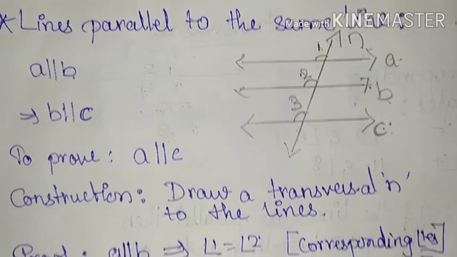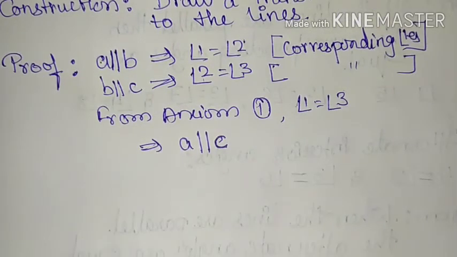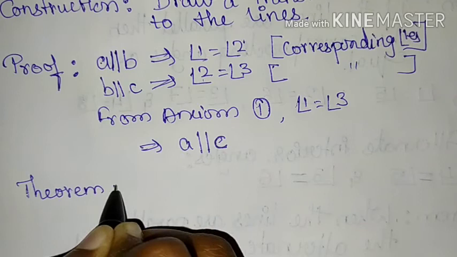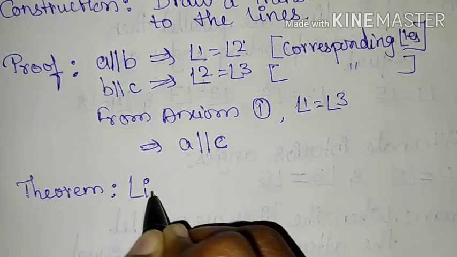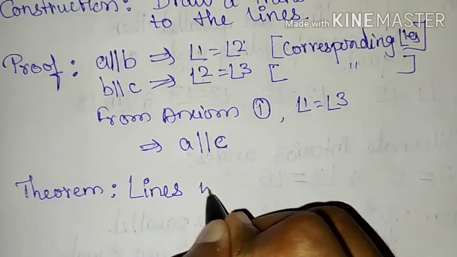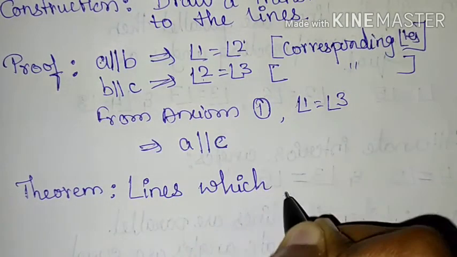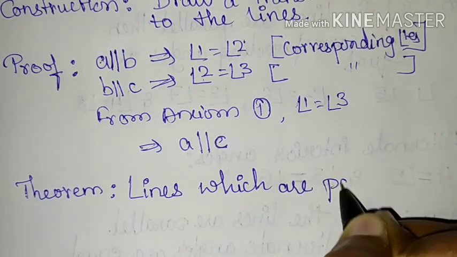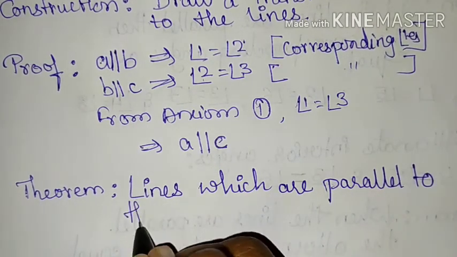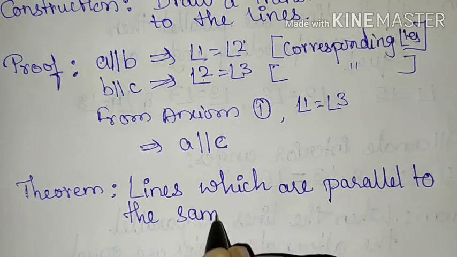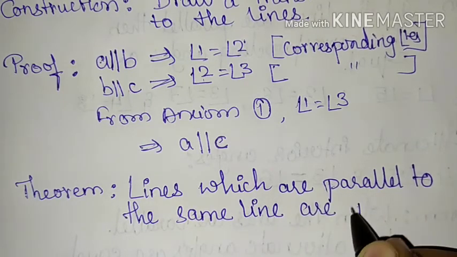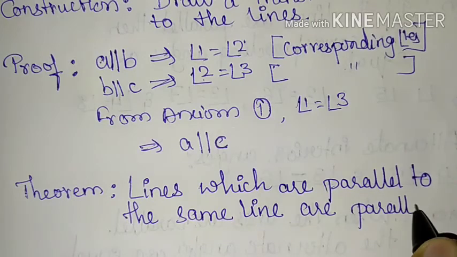So the statement of the theorem is: lines which are parallel to the same line are parallel to one another.